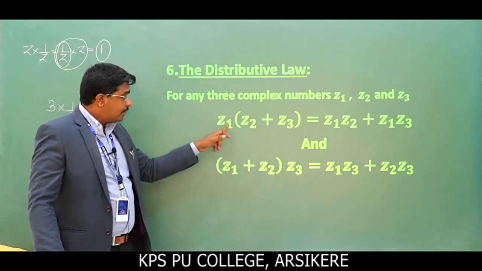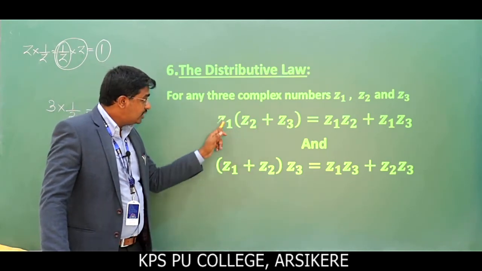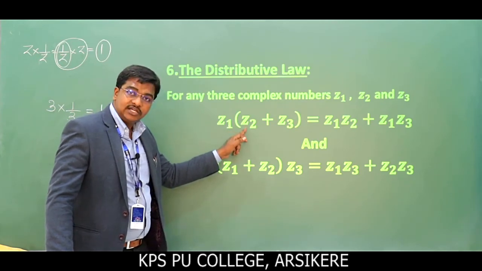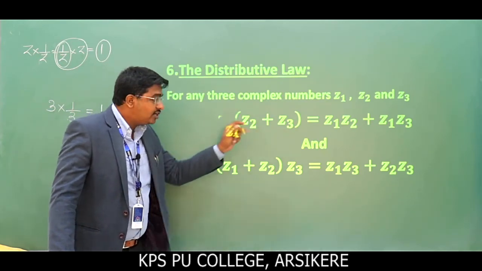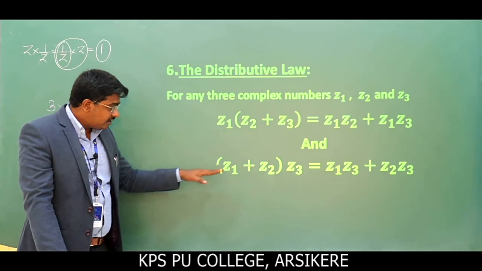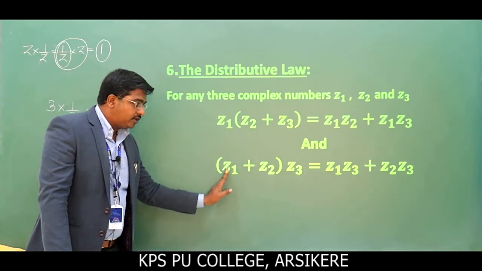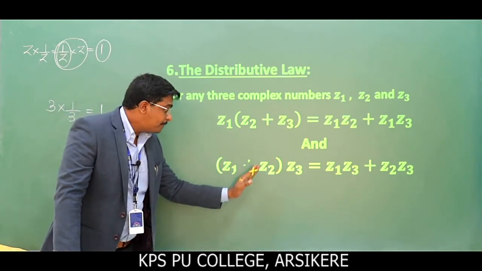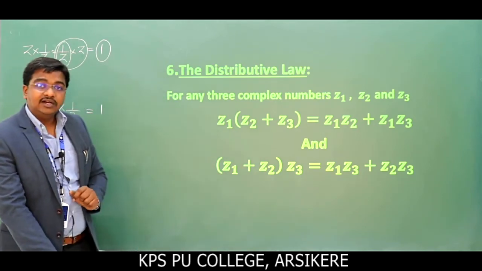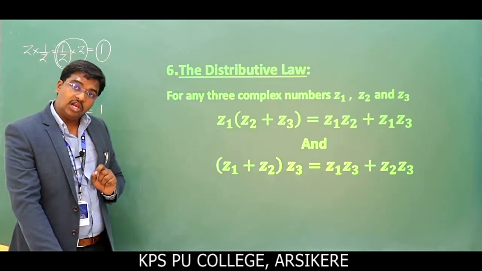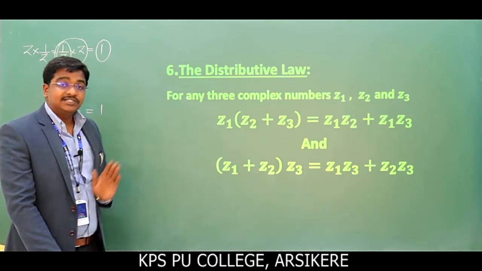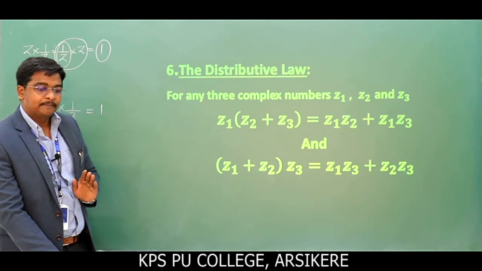For the second one, z3 into z1 can also be written, z1 into z3 plus z2 into z3. This is the distributive law. Take a pause and note all the things I have written here.